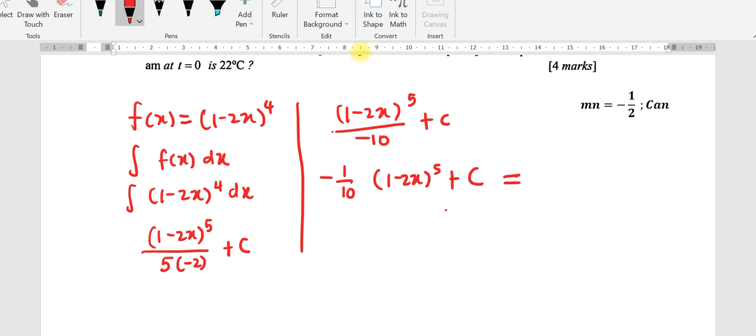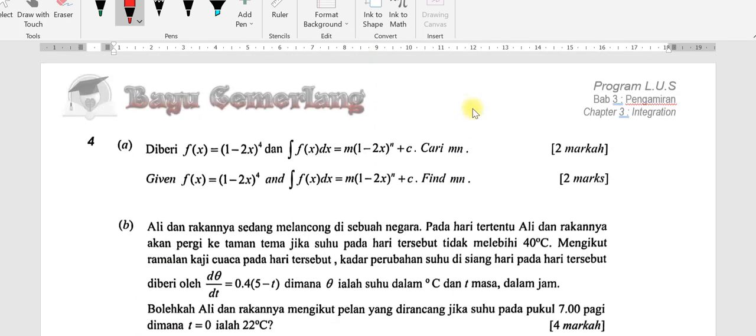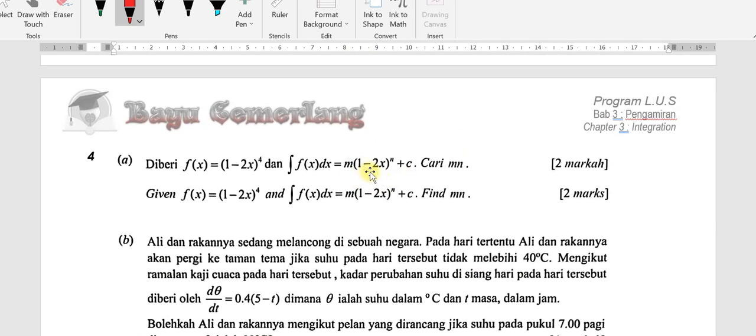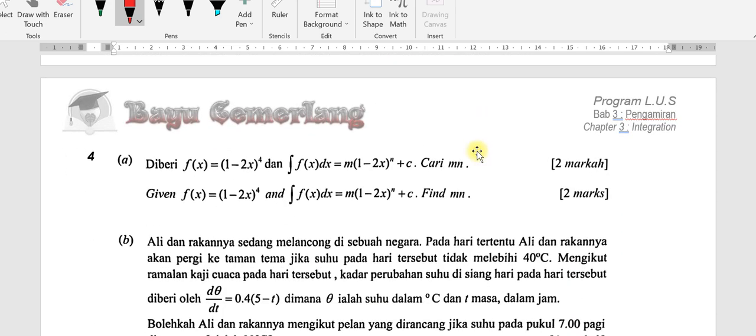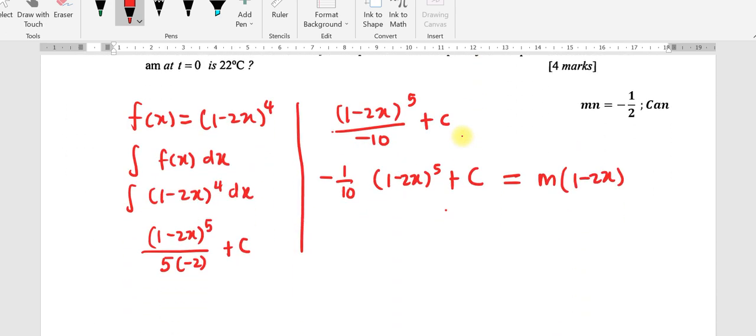This is what we get; this is what they gave us. The answer is m(1 minus 2x) power n plus c. Just compare. Can you see this is equal, right?